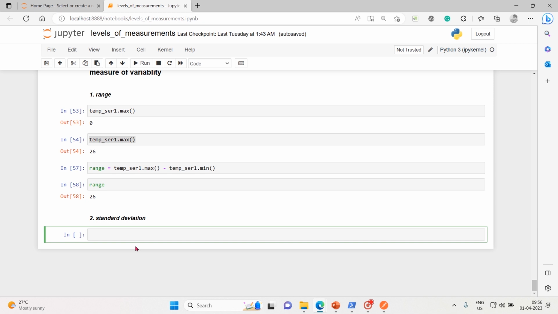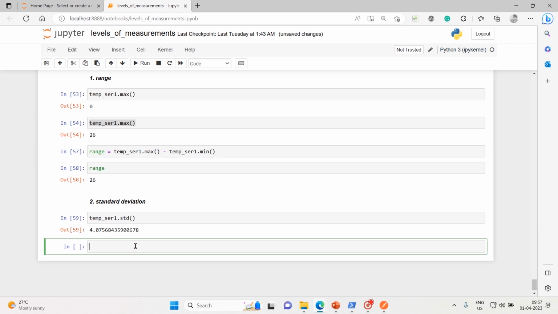So temp, and then std, and here is the standard deviation.